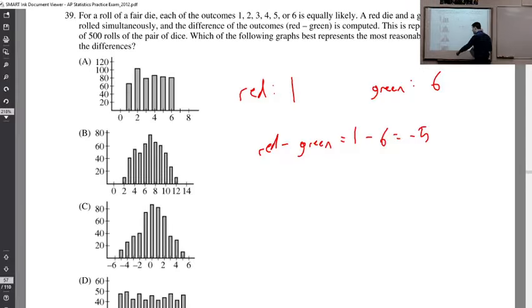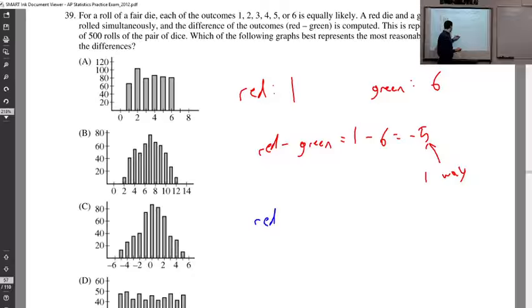And then the other thing that I need to know is how likely is it that I get -5. This happens one way. The only way that happens is if red is 1 and green is 6. That's the only way I can get -5.